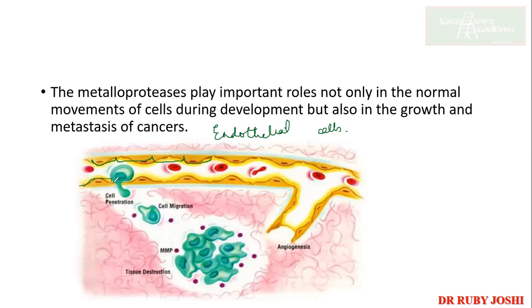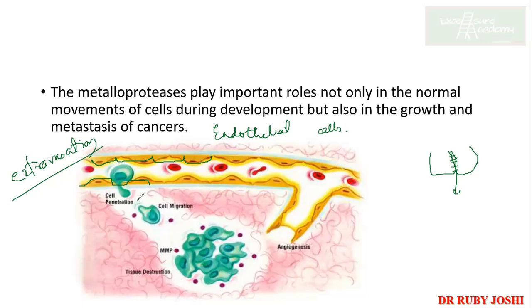Now in between these endothelial cells, as we have discussed, the connections are there. Those are broken by the extracellular enzymes. They penetrate and they squeeze themselves, okay, and the correct word for this is extravasation. Okay, so they come out between the two cells, they start migrating.